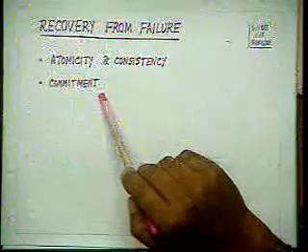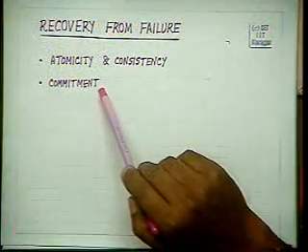For example, if we give a printed document, that is a firm commitment of that job having been done. So we have to take into account these issues when we discuss how to recover from failure.